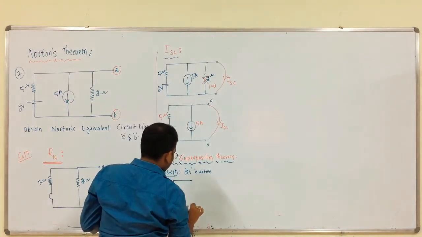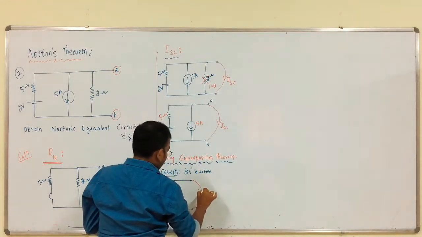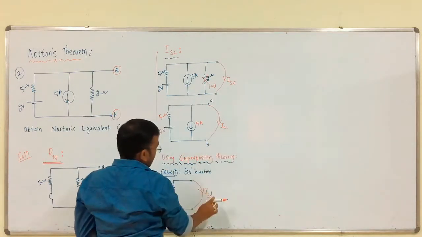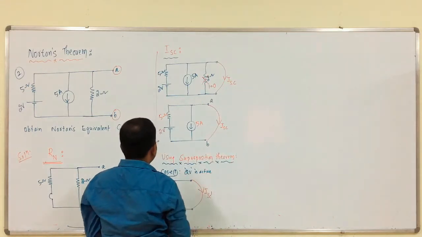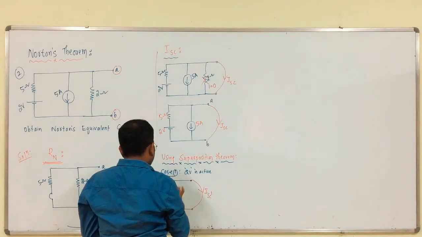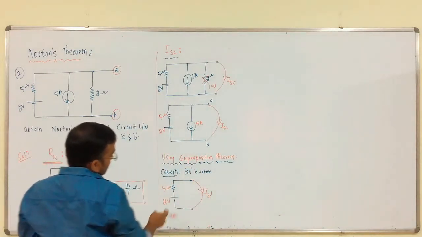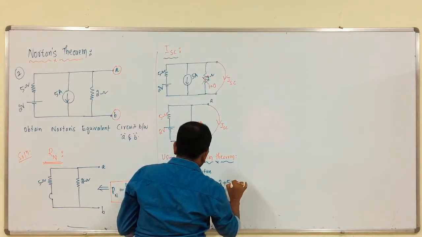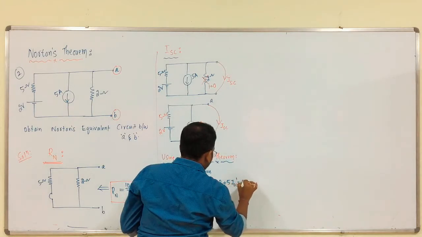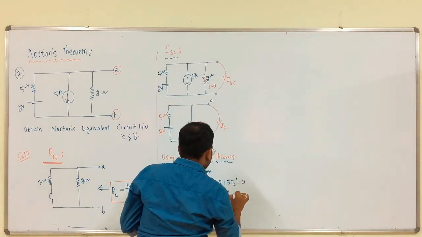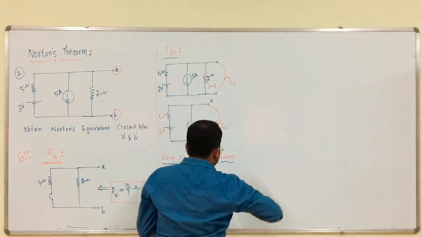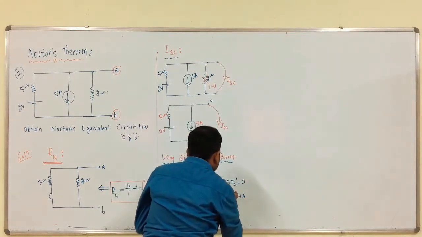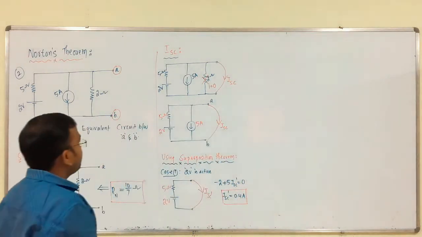Simply we have this circuit, and this is ISC dash. This is 5 ohms, this is 2. From this simple loop, apply KVL: minus 2 plus 5 ISC dash equals 0. From this, ISC dash equals 2 by 5, that is 0.4 amps. ISC dash is 0.4.